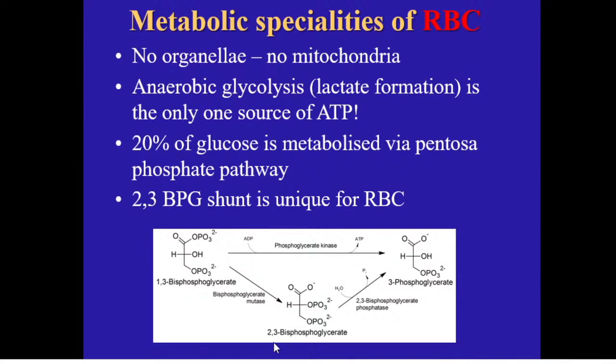But by the action of a specific enzyme, bisphosphoglycerate mutase, the special molecule 2,3-bisphosphoglycerate can be formed, and it's a very important regulator of function of erythrocytes, as we will see later.